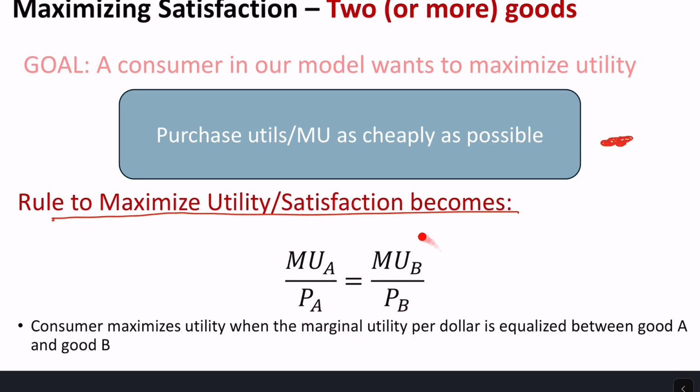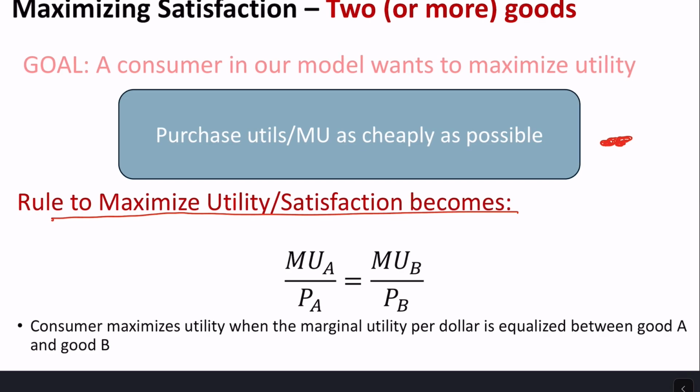So the way you want to read this equation here is that at the utility maximizing bundle of good A and good B, so you can think of hamburgers and hot dogs, we want the marginal utility of that last hamburger divided by the price of that hamburger to equal the marginal utility of that last hot dog divided by the price of the hot dog. Okay? So the consumer is going to maximize their utility when the marginal utility per dollar is equalized between good A and good B.